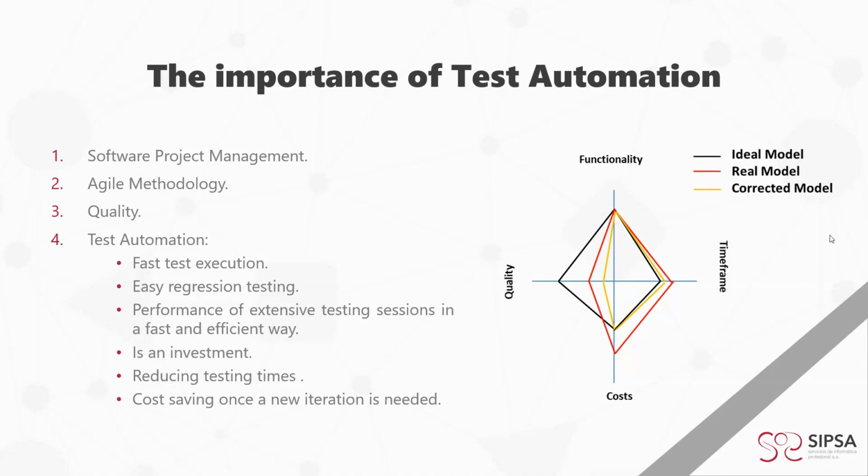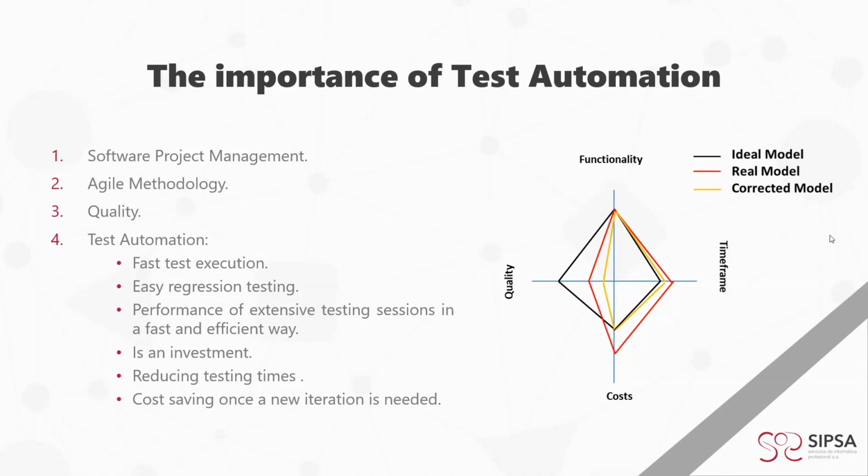Therefore, the key for success is how to make quality compatible with a scenario of deviations in time and cost. The answer is clear: doing more with less effort. How? Automating your testing process. Test automation provides fast test execution, easy regression testing, and allows performance of extensive test sessions in a fast and efficient way.